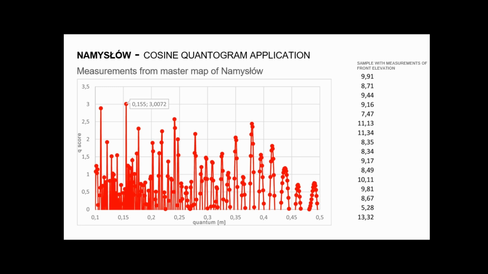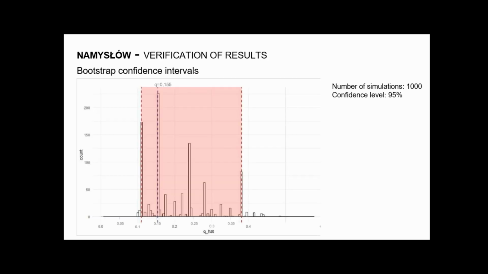I mean, the one which can be assumed to be the Rhenish foot standard, and we get half of the Rhenish foot standard, 0.155. And then we get some verification of results by bootstrap confidence intervals. In the simulation with the 95% confidence interval, the range is just within. So we can say that there may be no mistake, but we can't be sure because, as you see, there are some additional quantum candidates.